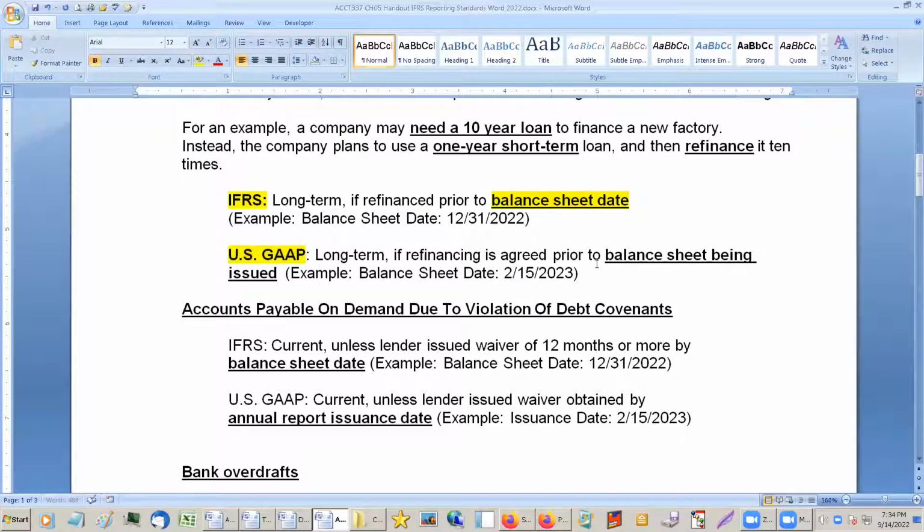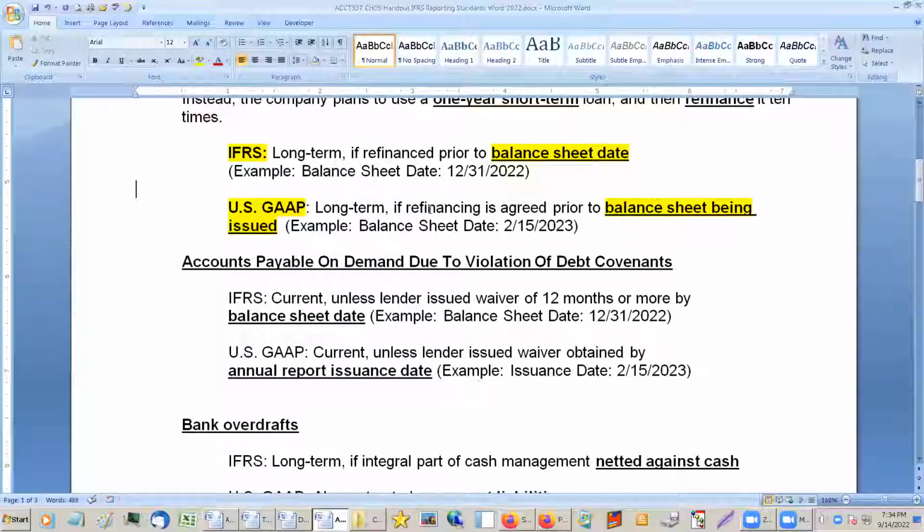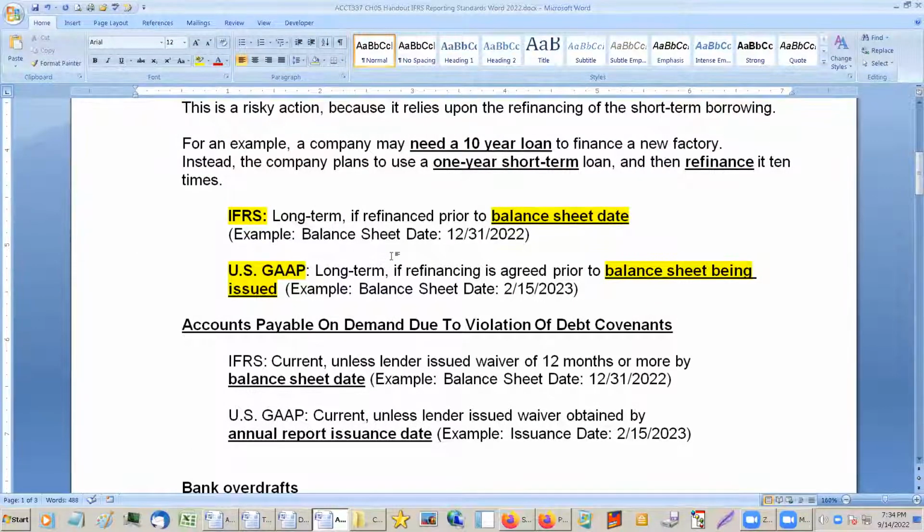For GAAP, it is by the balance sheet being issued. In other words, the release of the financial statements. Okay, so this is kind of what this is like.